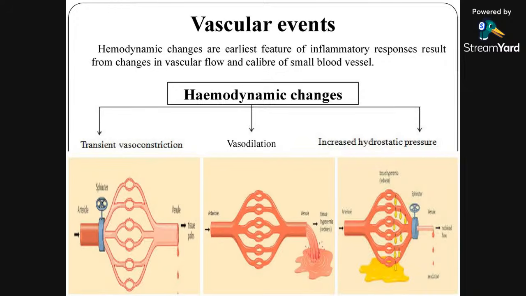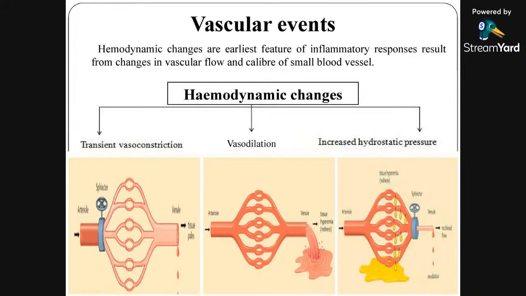Vasoconstriction is followed by vasodilation. Vasodilation occurs after half an hour of injury. It involves mainly arterioles. Vasodilation results in an increase in blood volume, which results in redness and warmth at the site of inflammation.